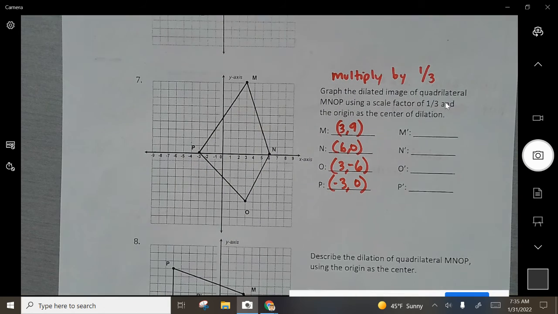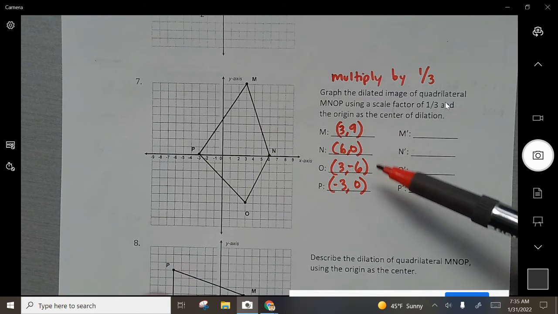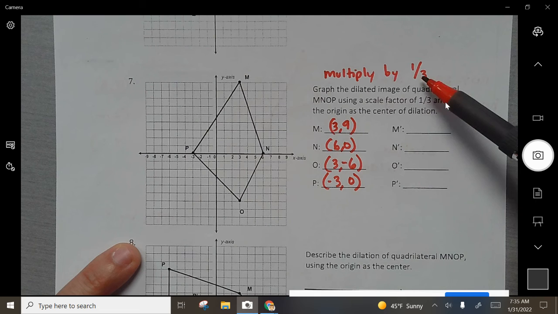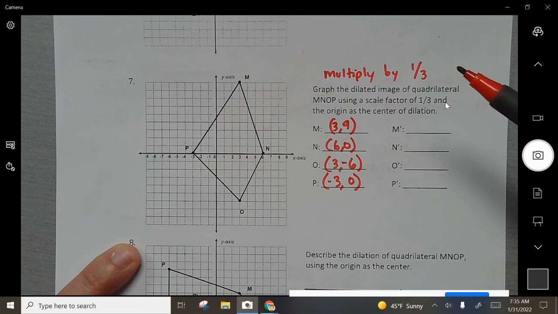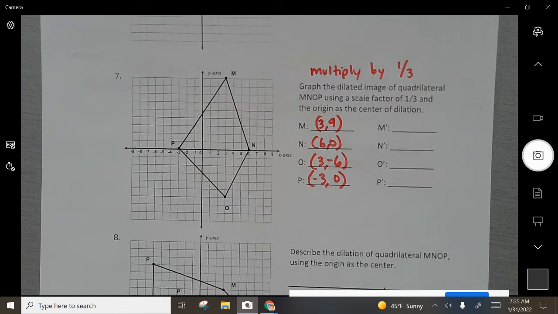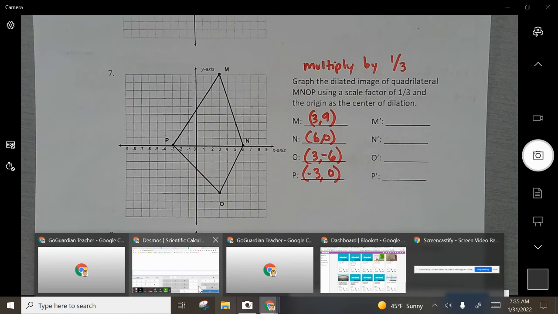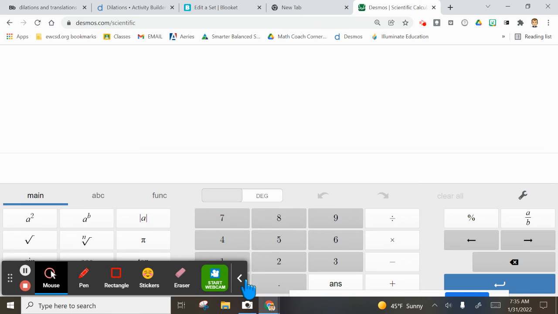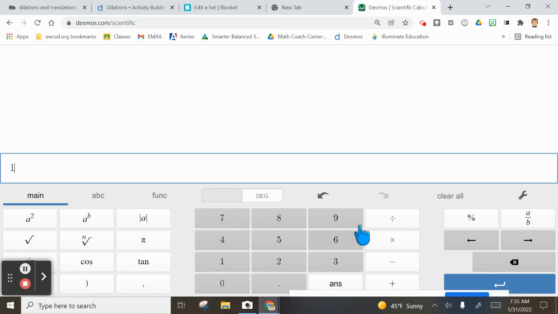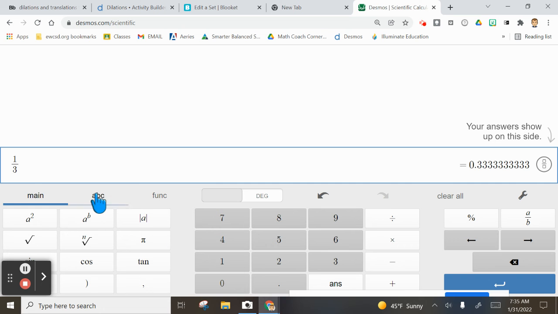Okay. Now have this paper in front of you. We're going to multiply all of these by 1/3. And I want you to see how easy this is with your calculator. And make sure you're using the Desmos calculator. Okay. So first one we're going to do 1/3. And then I have to click it on the side here. Notice that cursor was down here before.